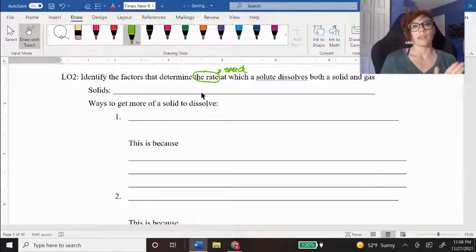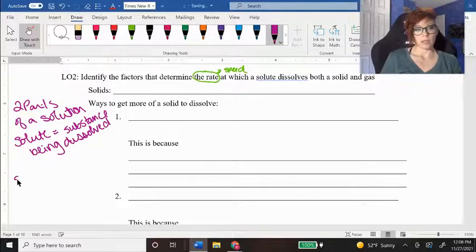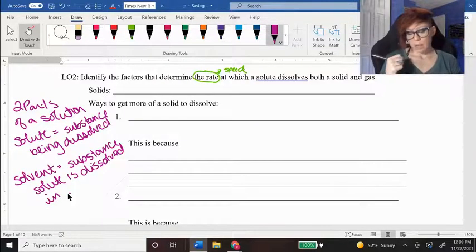So again, there are two different parts of a solution, which we need to cover first before we actually start talking about this. The first part is the solute. This is the substance that's being dissolved. And then you have the solvent, which is the substance the solute is dissolved in. Water is your universal solvent.